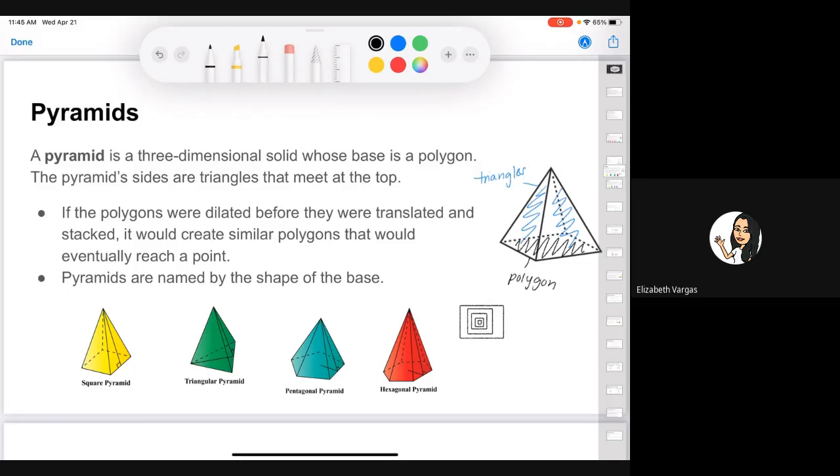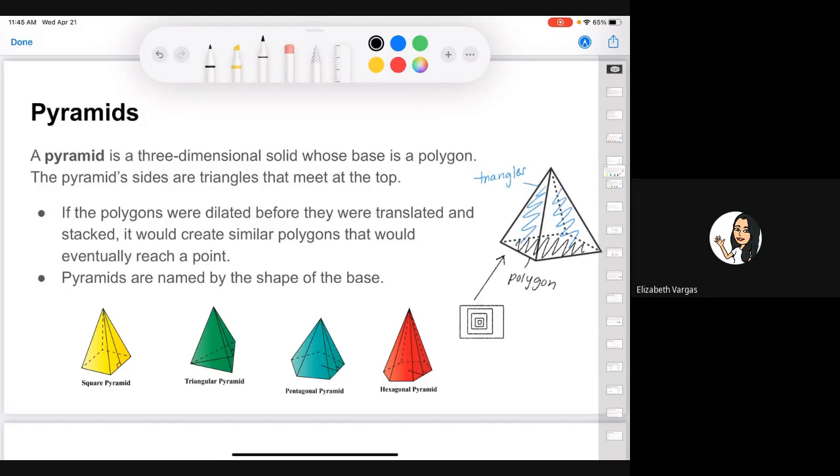As you continue to stack that square on top of each other, what it will actually create is this pyramid that we see right here. And so that is how a pyramid is formed. It's basically stacking these polygons, but instead of keeping the size, you're actually shrinking the size as you move upward. And so that's how we get a pyramid.